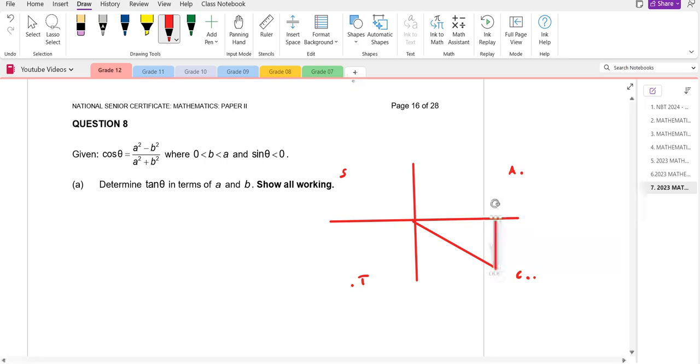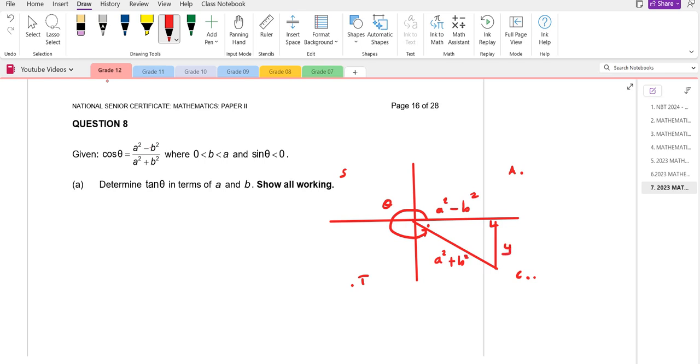So theta should be in the fourth quadrant. That's a reference angle. Adjacent over hypotenuse, so this is a squared minus b squared, and the hypotenuse is a squared plus b squared. So we need to find y.